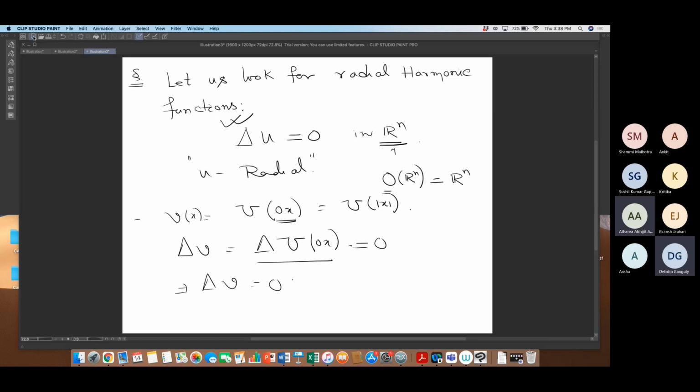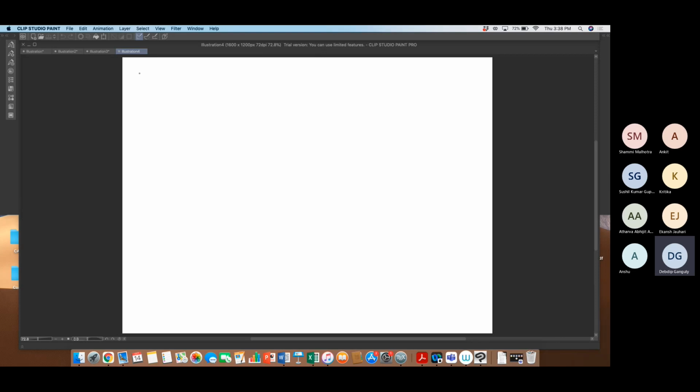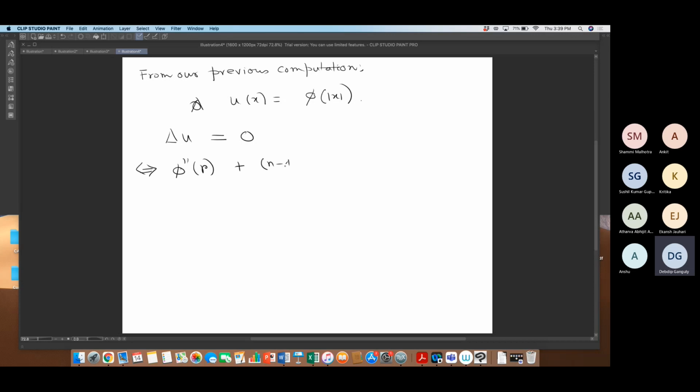Now from our previous computation, you can conclude u of x is phi of mod x. So what is Laplacian of u? Laplacian of u equal to 0 means phi double prime r plus n minus 1 by r into phi prime r is equal to 0, provided r not equal to 0.